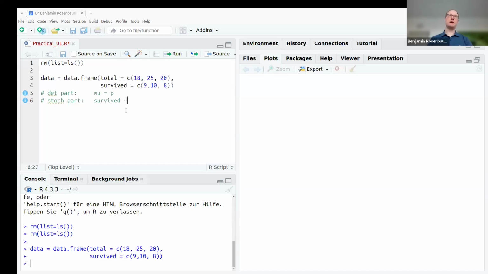So for each of these 3 data points, the number of survived is assumed to be binomial distributed with n equals total, and the survival probability P. Right, so this is the parameter we are looking for. That's the only parameter in the model.